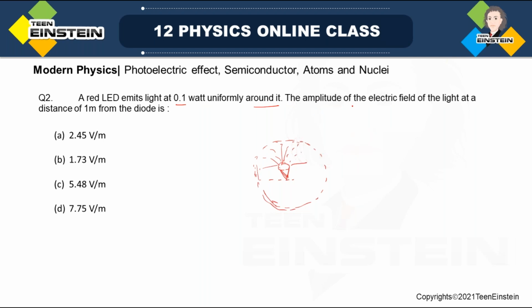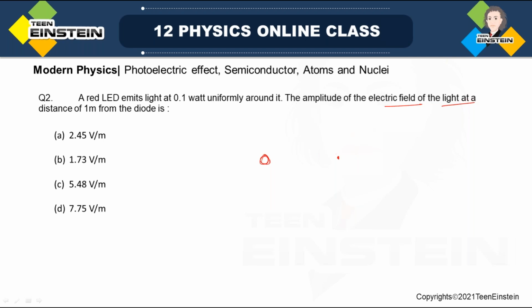Now, the amplitude of the electric field of the light emitted by this LED, the amplitude of the electric field at a distance of 1 meter from the diode. Suppose this is the diode.